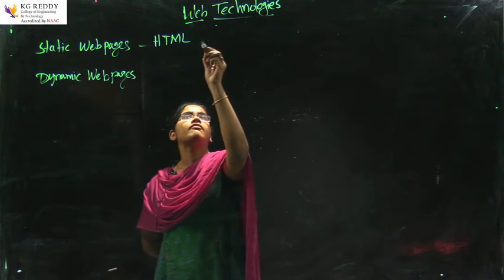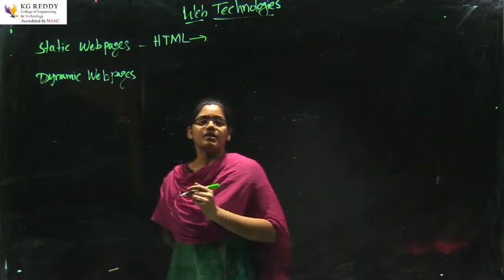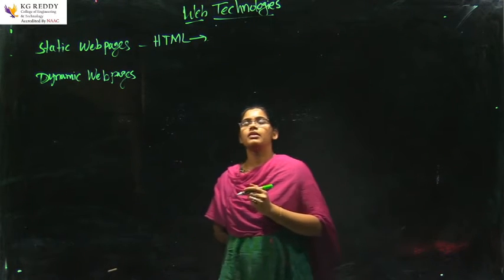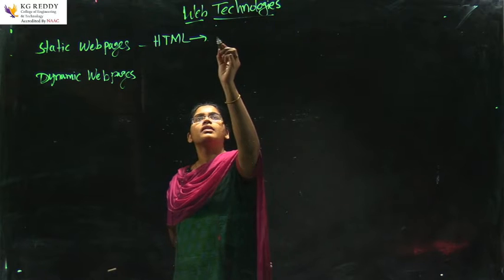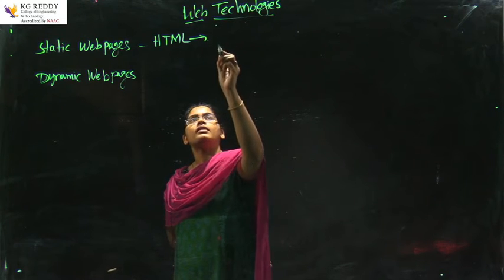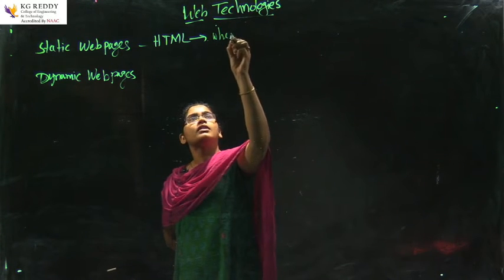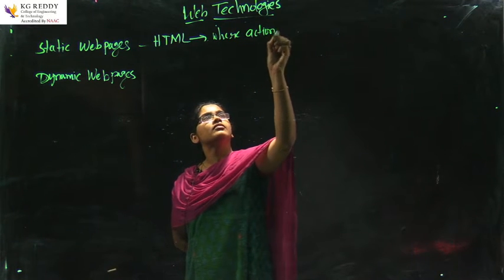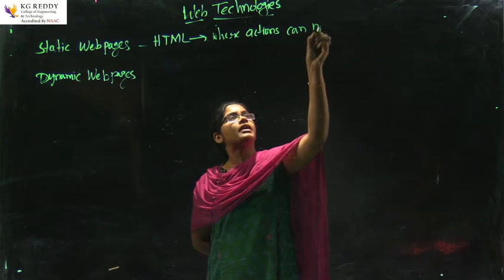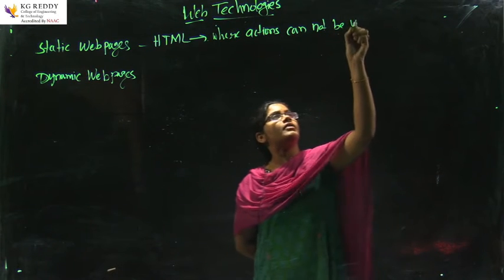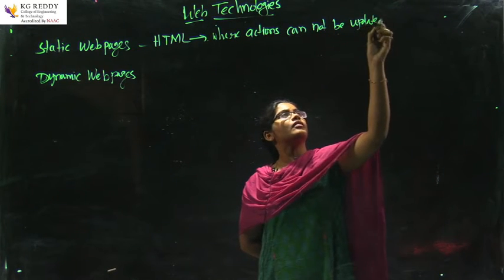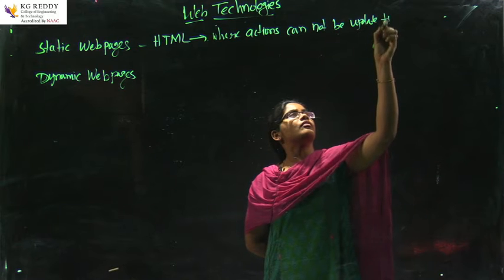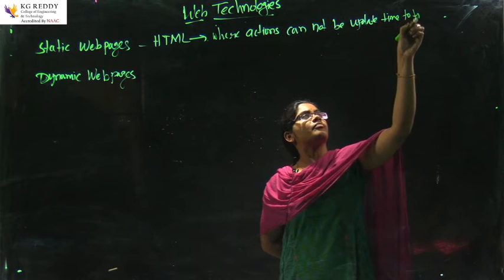So what is a static web page exactly? A static web page is, for example, one where the operations are not updated, where actions cannot be updated from time to time.